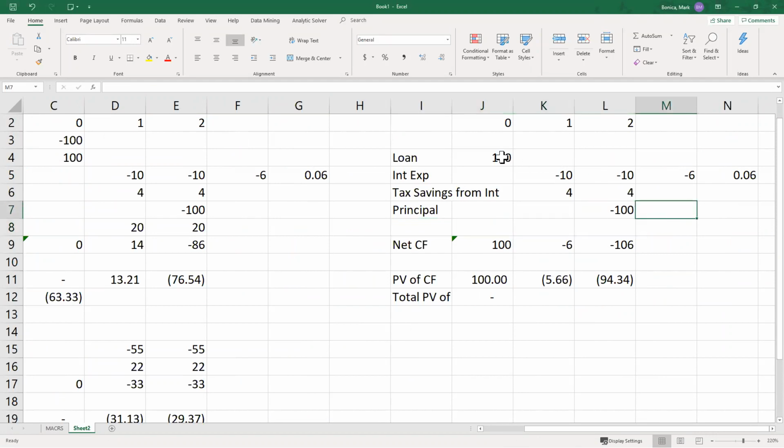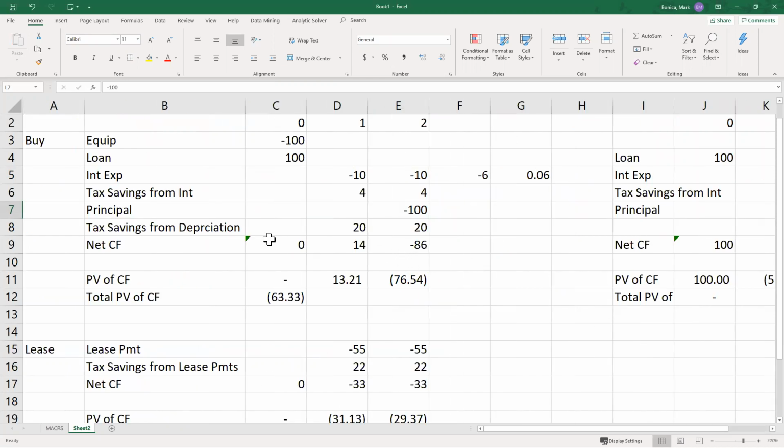And now all that's left is I take out a loan, I pay interest on the loan, I have tax savings from the interest payments that I pay on the loan, and then I pay the loan back. I've extracted out of this the actual purchase of the equipment and the associated depreciation savings.